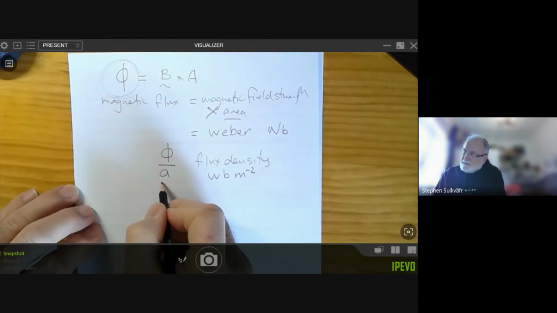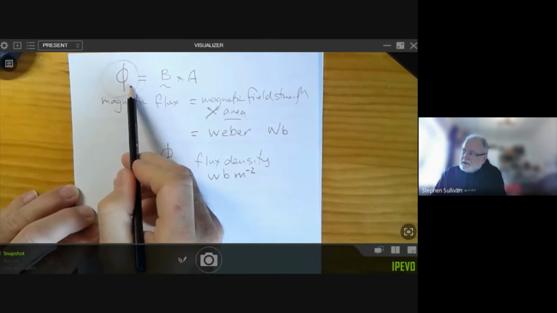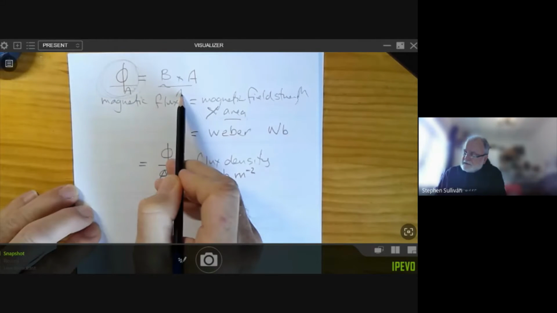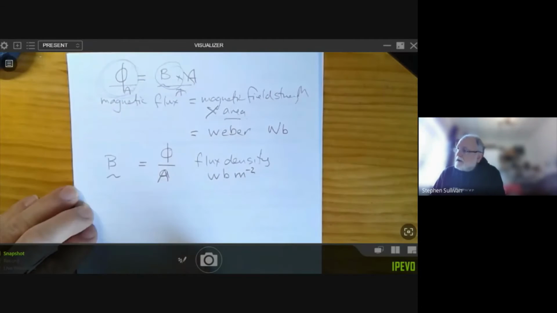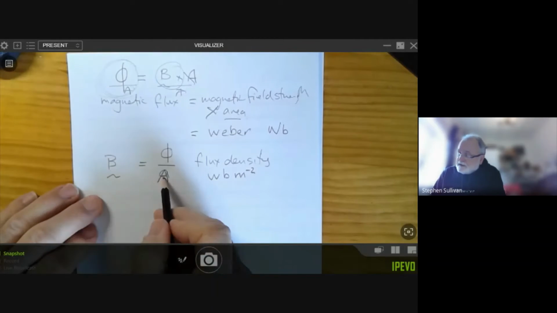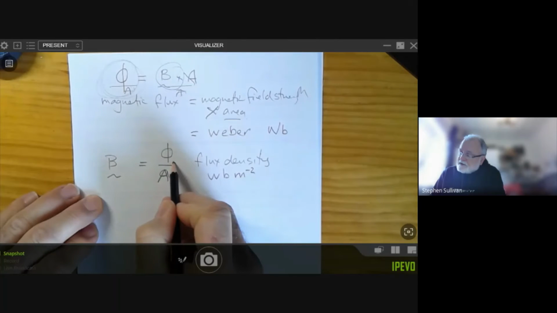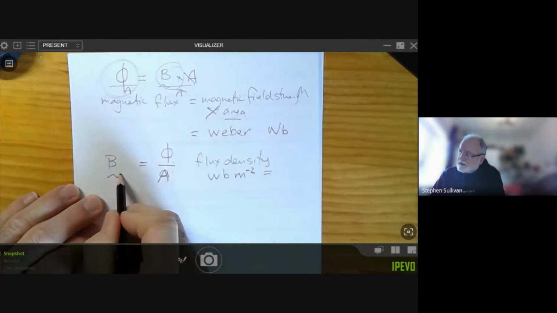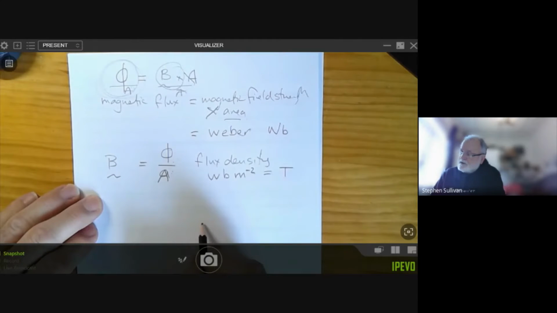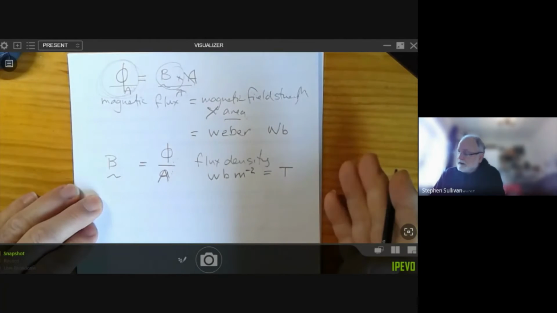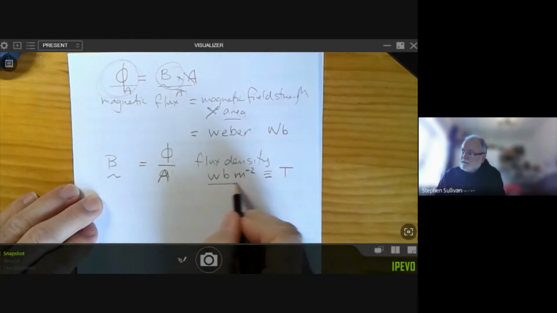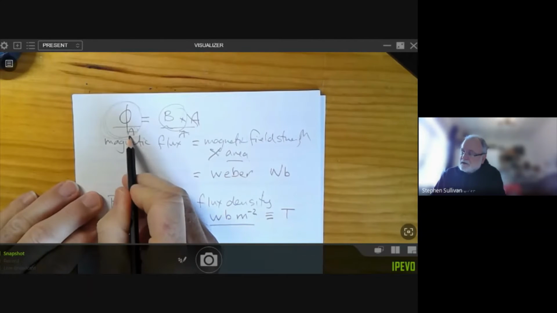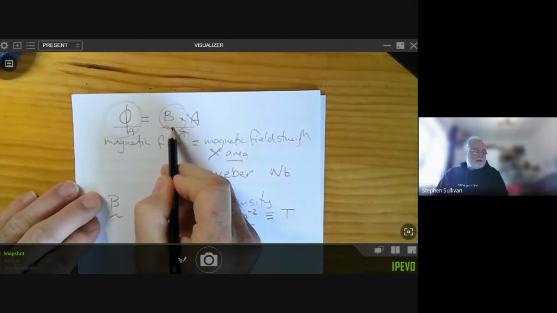Flux divided by area is equal to magnetic field strength. So magnetic field strength we can describe as flux density, Webers per square meter. So a Weber per square meter, equal to the magnetic field strength, is Tesla. So Tesla, our unit for magnetic field strength, is Webers per square meter. So coming back to our point, magnetic flux is equal to the magnetic field strength times the area.